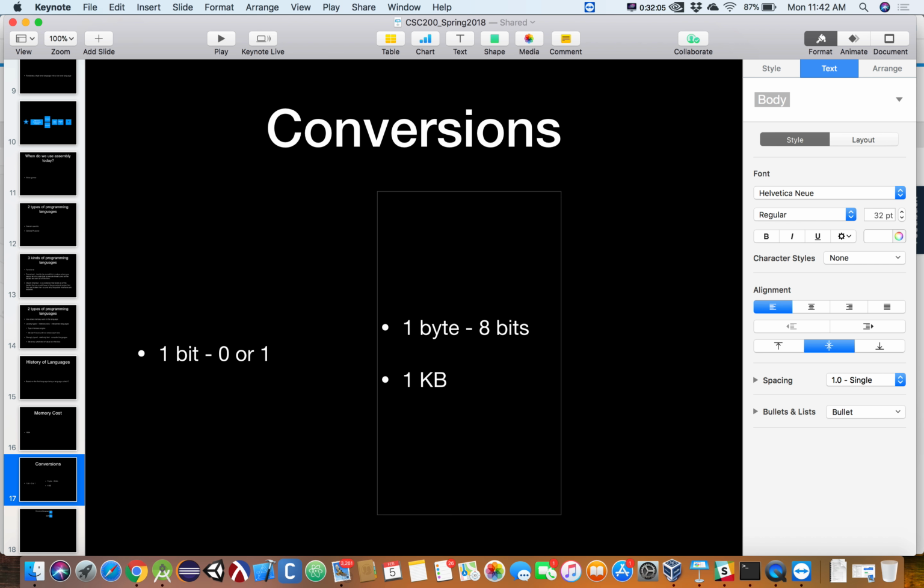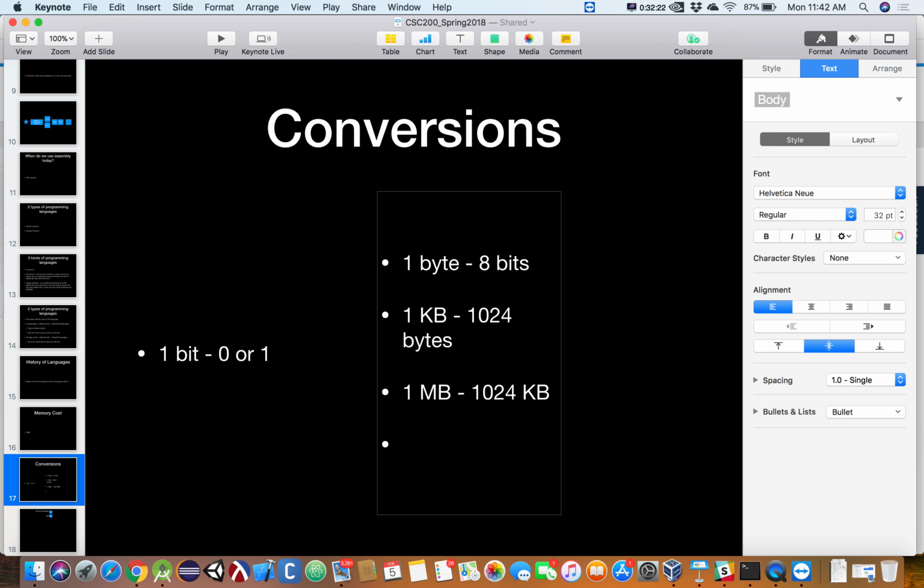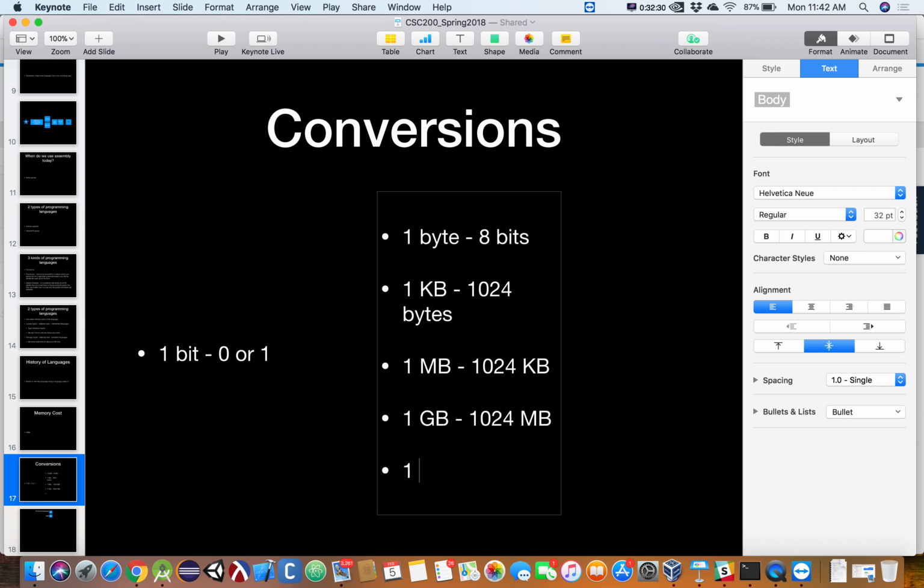One kilobyte, that's a big B, kilobyte, is 1,024 bytes. 1 megabyte is 1,024 kilobytes. 1 gigabyte is 1,024 megabytes. 1 terabyte is 1,024 gigabytes.